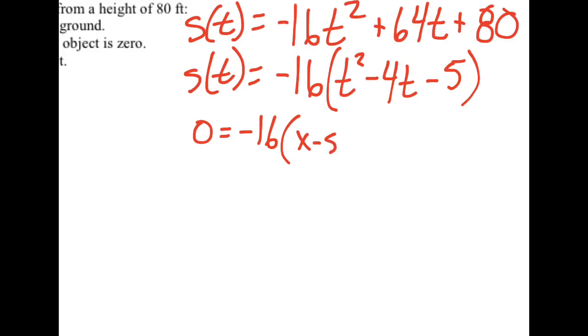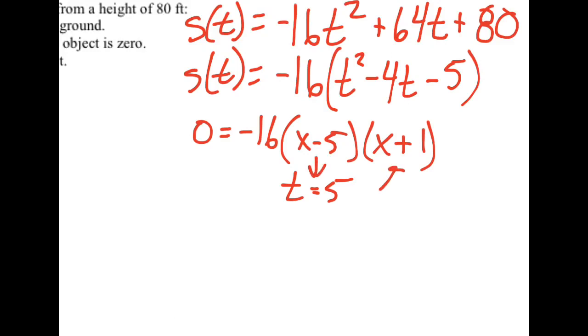Well, it's going to be x minus 5 times x plus 1. And then you can see that the object will hit the ground when x is 5, aka when t is 5. So at 5 seconds from that 0 right there, because this 0 is a negative number, and that doesn't make sense. So it will hit the ground at t equals 5 seconds.